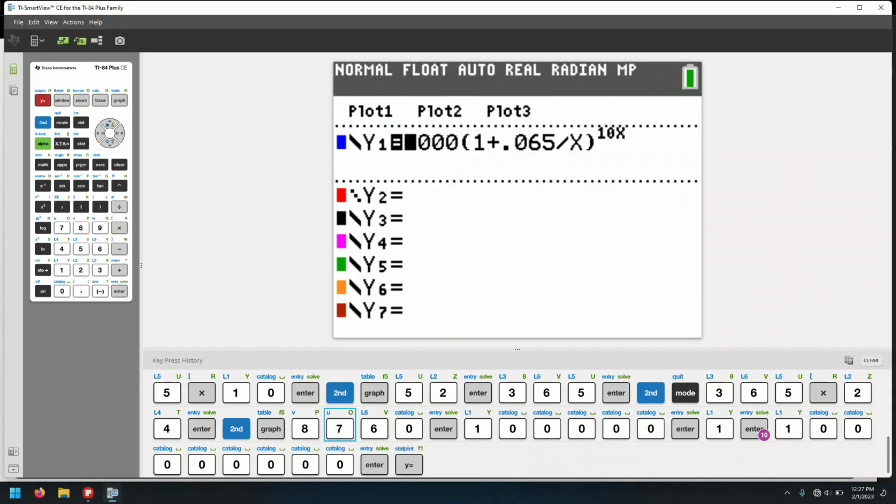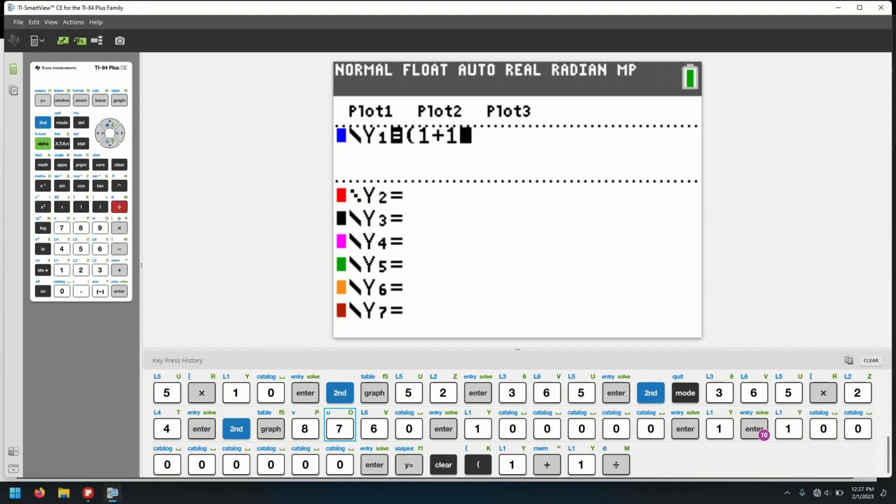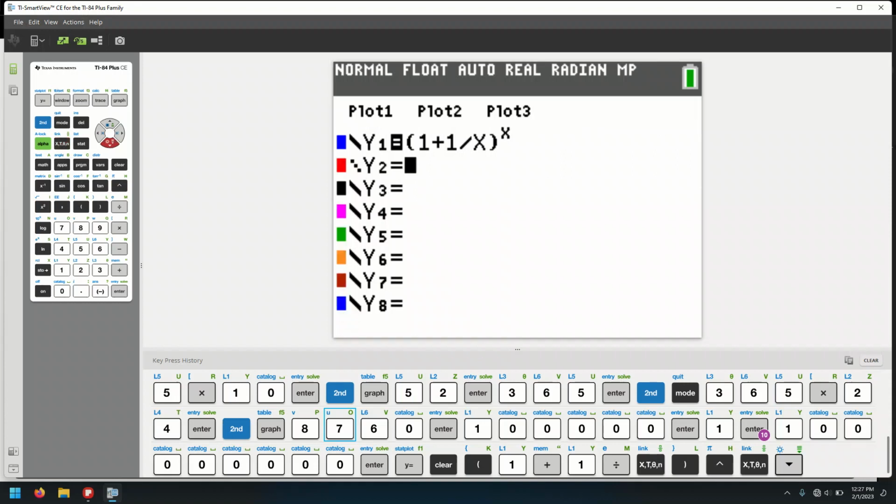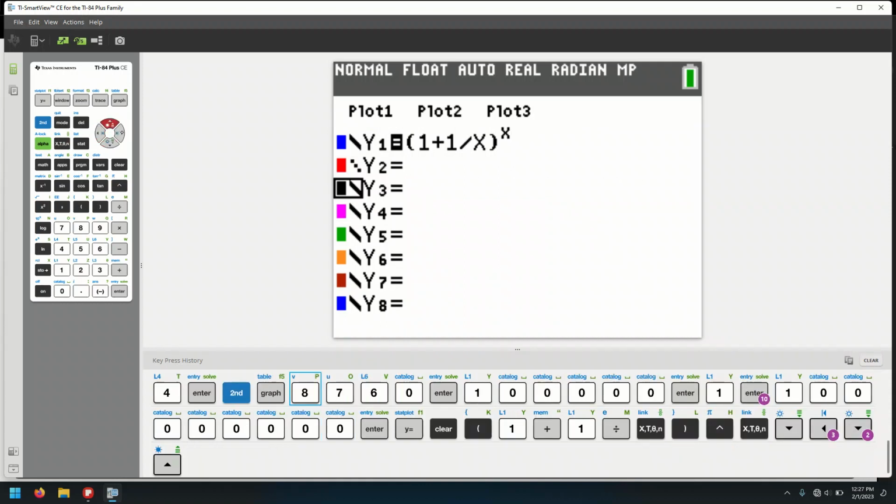So y, that's parentheses 1 plus 1 over x raised to the x power. And on the other hand, I'm going to use y3 for the number E, a horizontal line E.